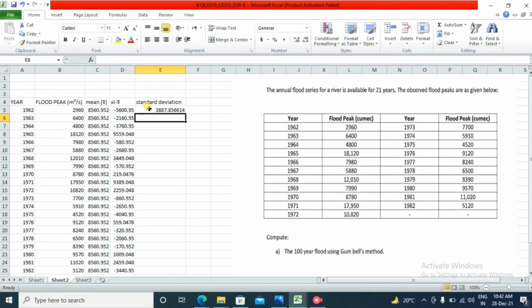So this is our required standard deviation. It will be the same for all the data, so I am not going further. Now I need to substitute in the equation I mentioned earlier. So I have used Excel for the calculation of the mean, xi minus x bar, and the standard deviation. Let us now proceed further.